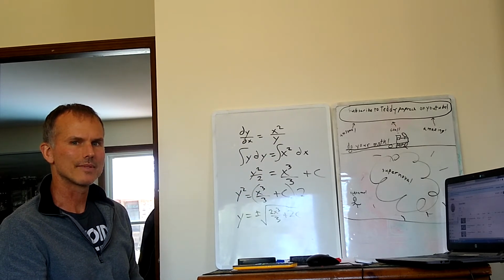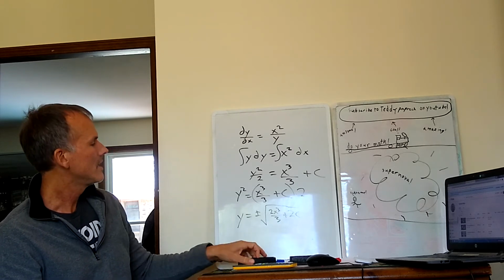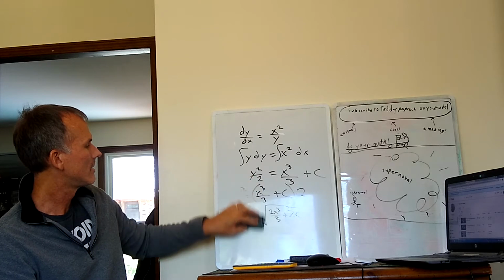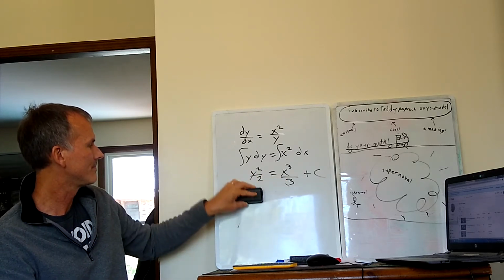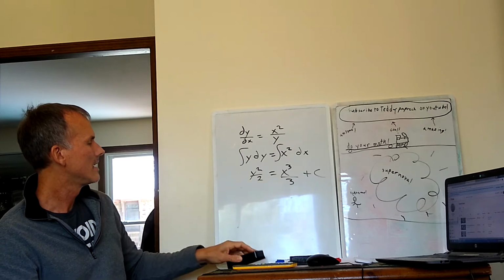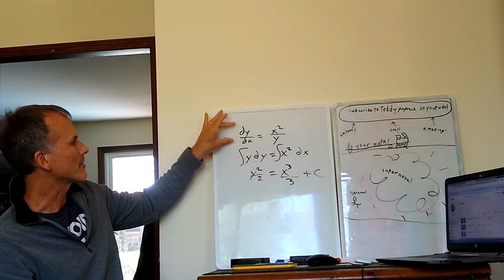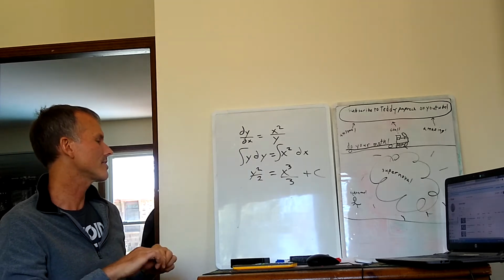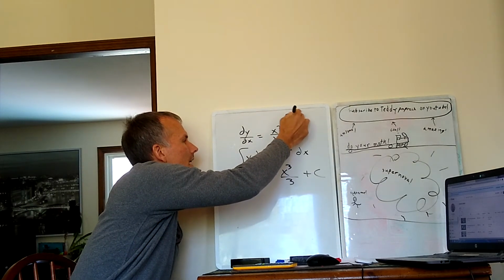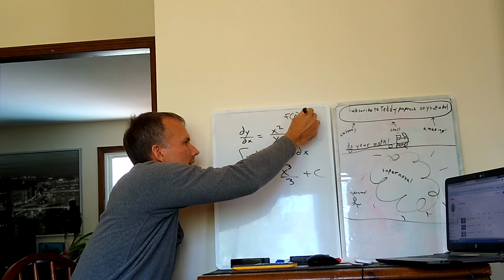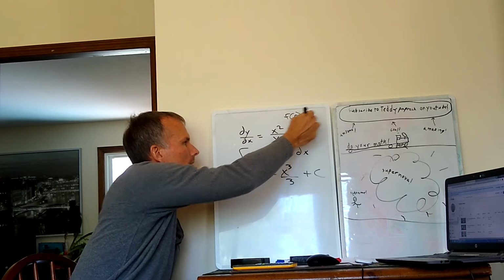I'd like to now do a particular solution. So I'm going to erase quite a bit of this, but not all of it. Let's say you were asked to find the particular solution for this differential equation for the case where f of 0 equals 4.